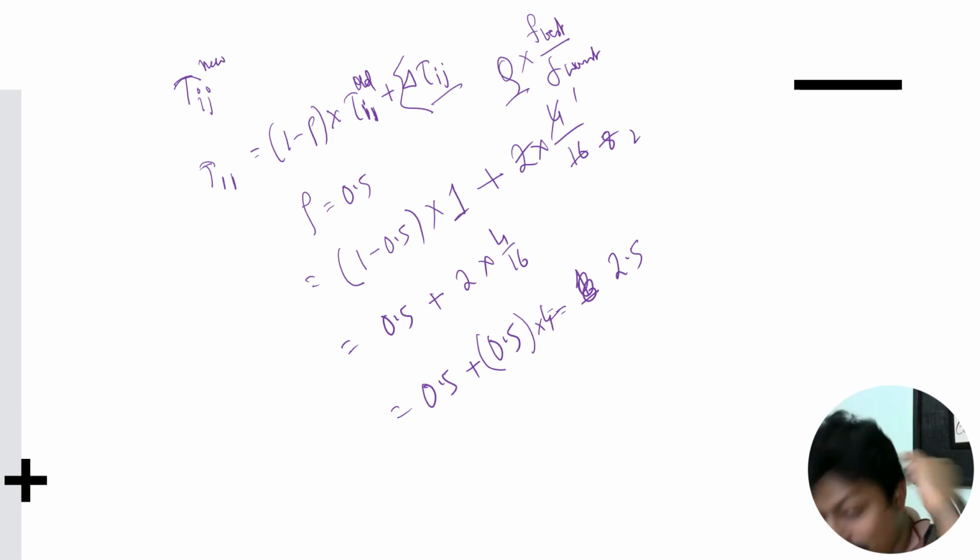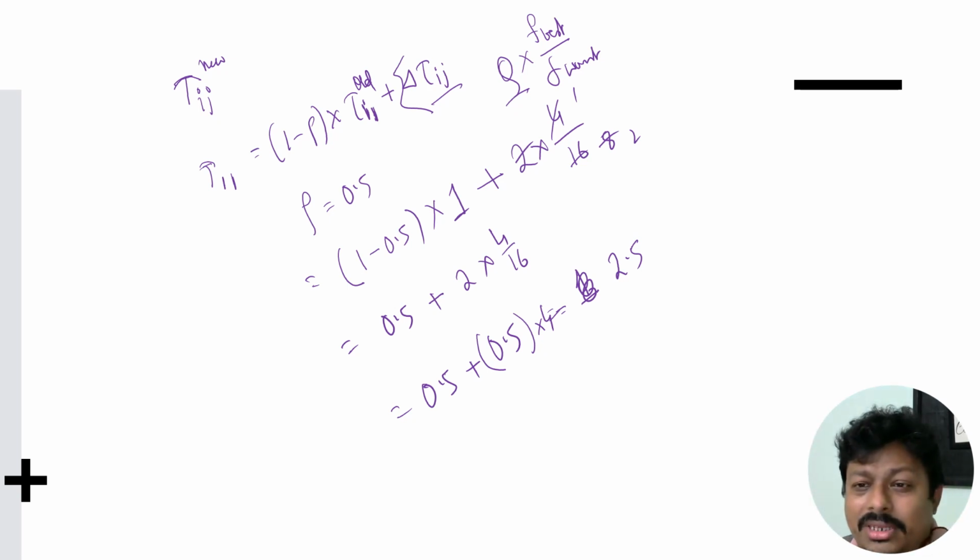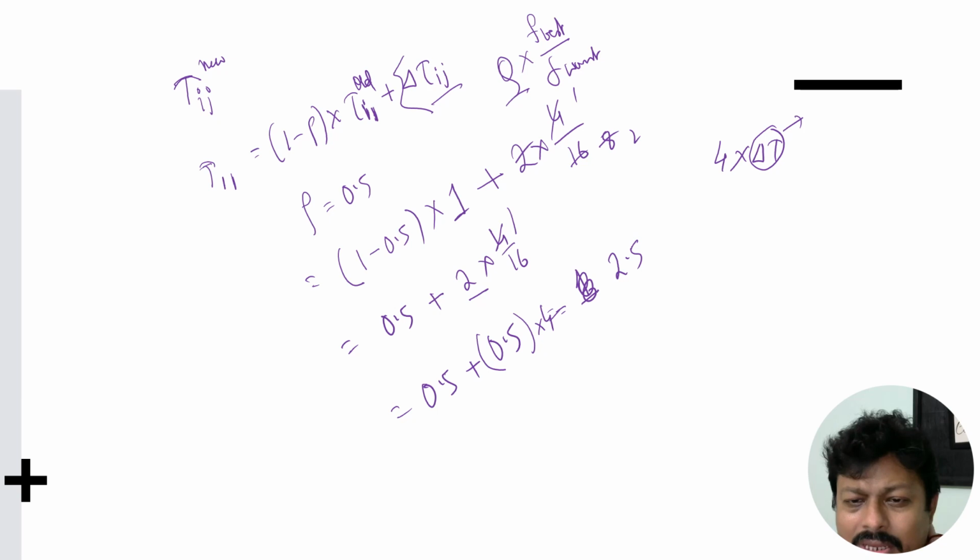So for this del tau, you can multiply 4 into del tau, right? Straight away, because this del tau will be the same for each of the paths. Del tau is coming to 0.5, because this is Q, 4 by 16, so let us say 1 by 4. 4 ones are 4, 4 fours are 16.